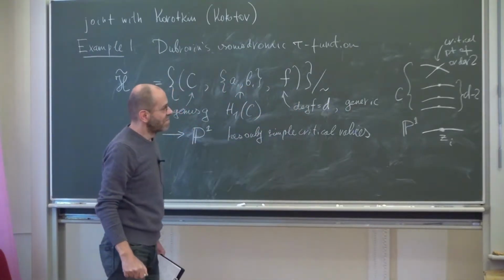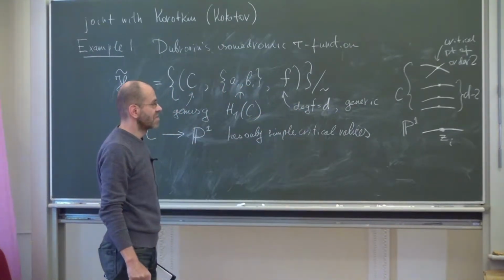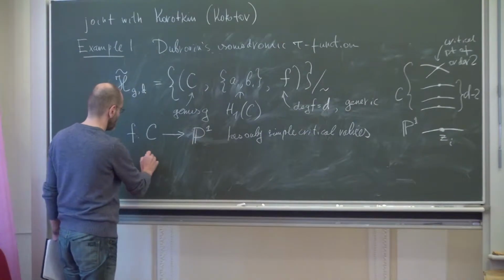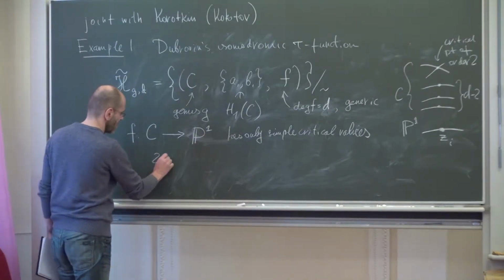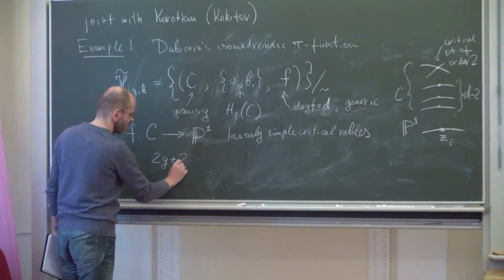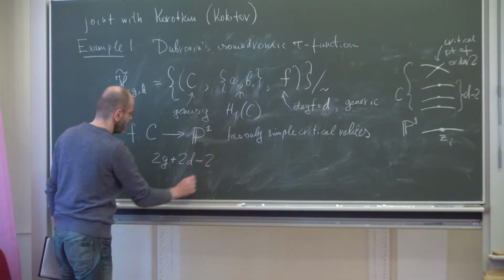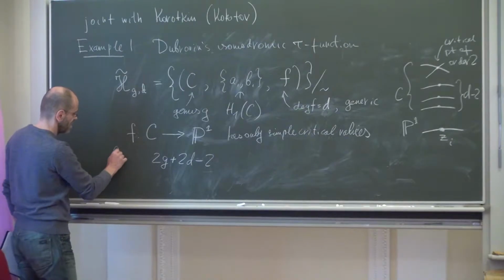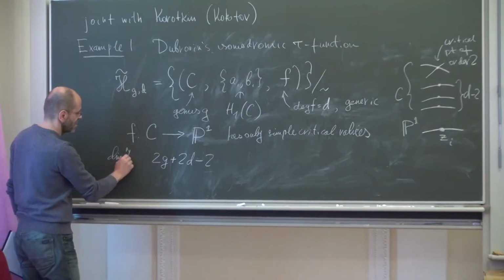The number of critical values of a generic function can be easily computed. That's 2g plus 2d minus 2. And that's exactly the dimension of this space, H tilde g d.